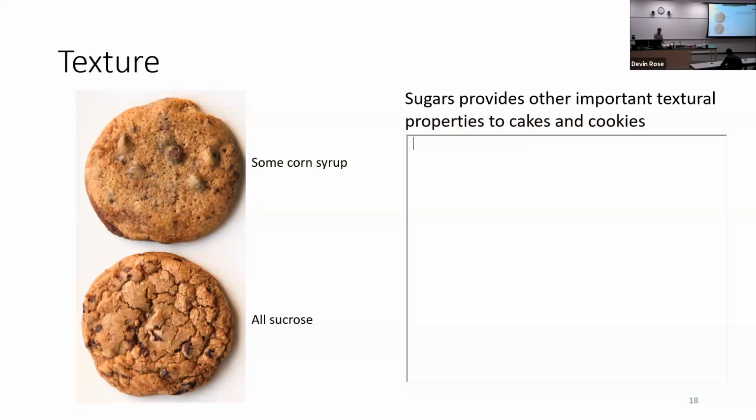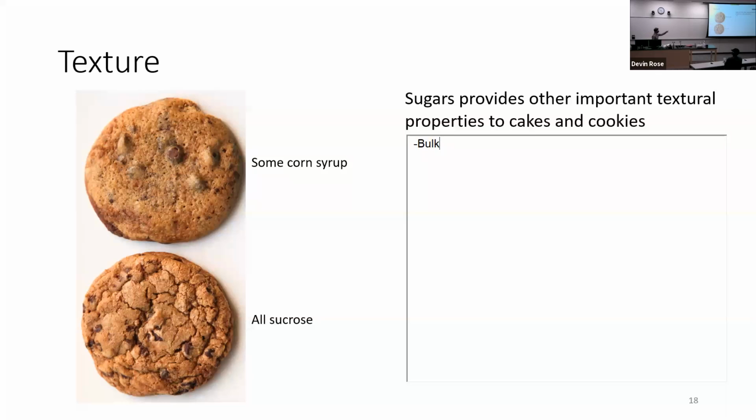So I want to list some other functional properties of sugars. So one is that they provide bulk. Maybe it seems like that's not so important, but it turns out that it's quite important when you add so much sugar to these products.